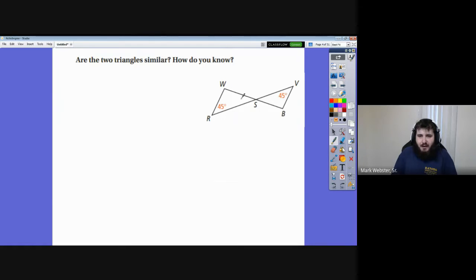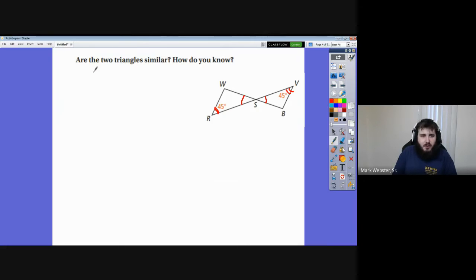You've got vertical angles, so you know whatever these two angles are, they better be the same. So here we've got one pair of angles that's written out. These are both 45 degrees. Then you've got another pair of angles. They're not written out, but they are for sure the same because they're vertical angles, right?